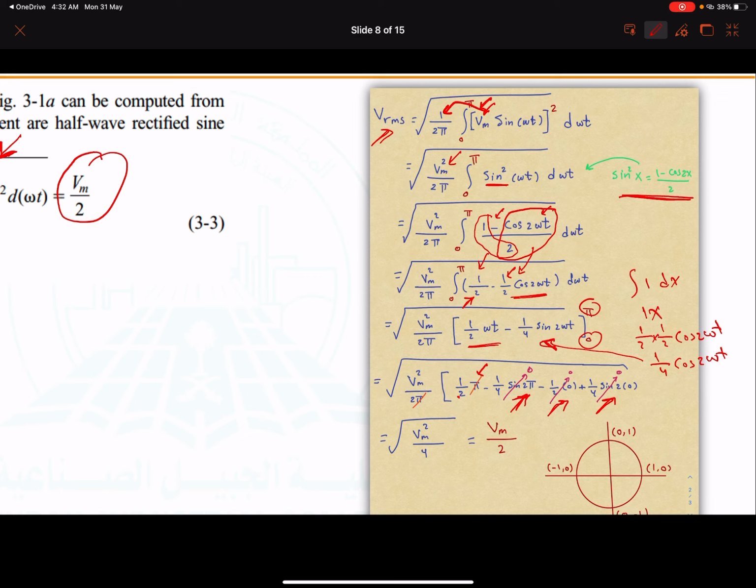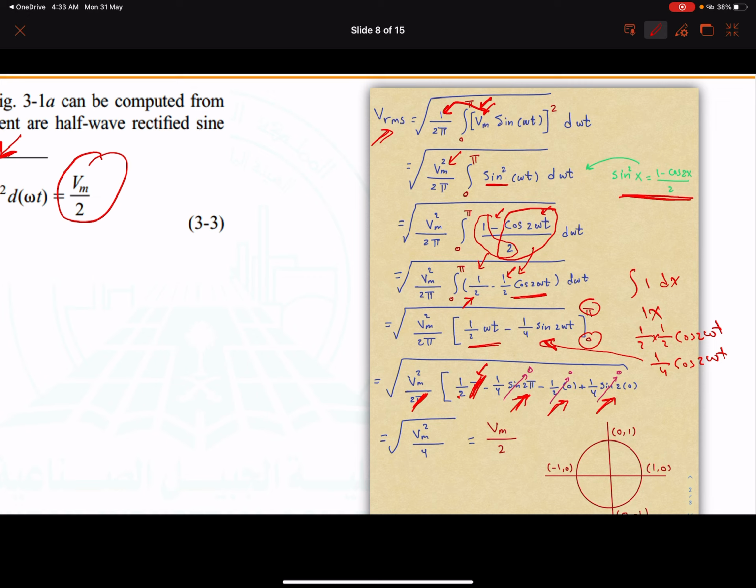root of 1 over 2. And after we finish this derivation, we can say that this pi is removed with this pi, because it is multiplication.